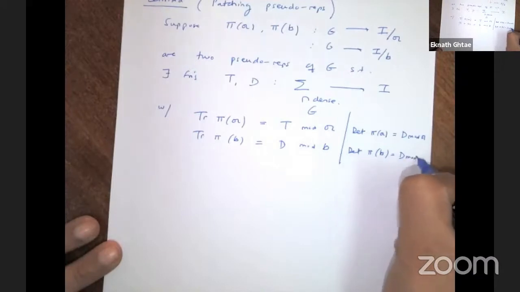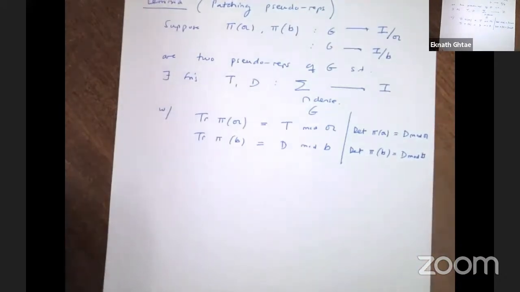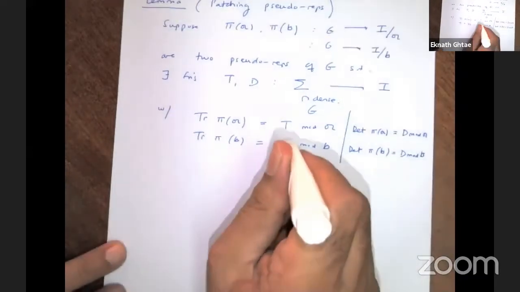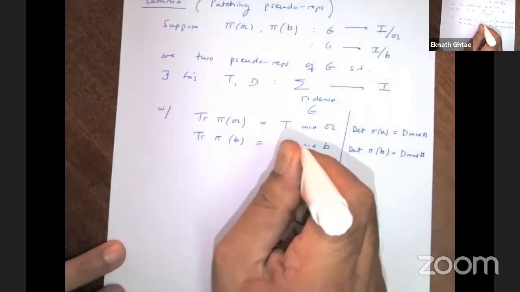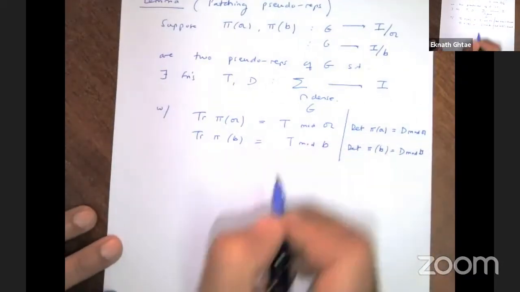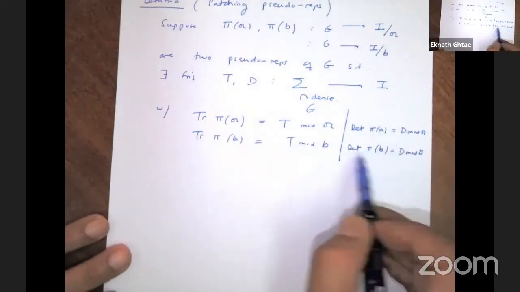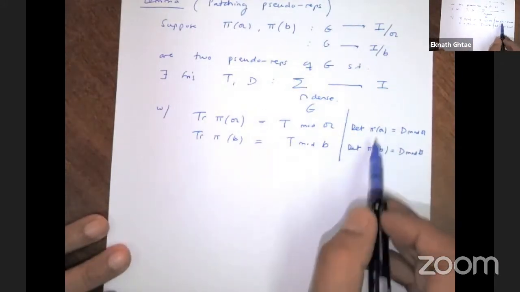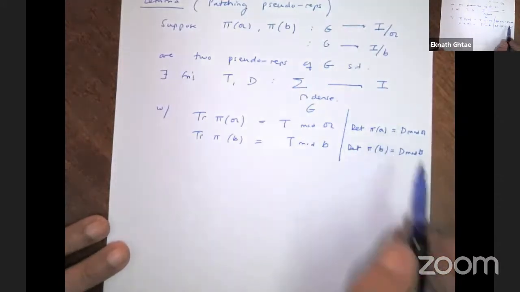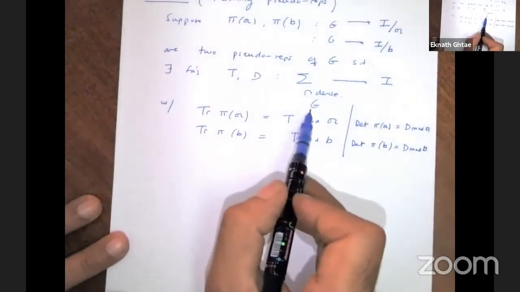You can lift the individual traces to one T function and lift the individual determinants to one D function. Suppose you can do this, at least on a dense set.